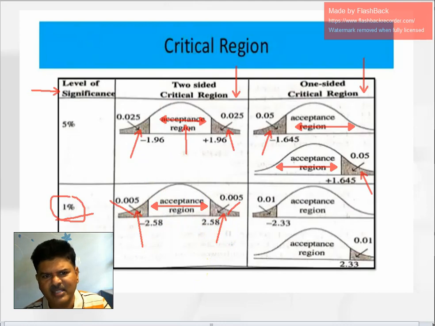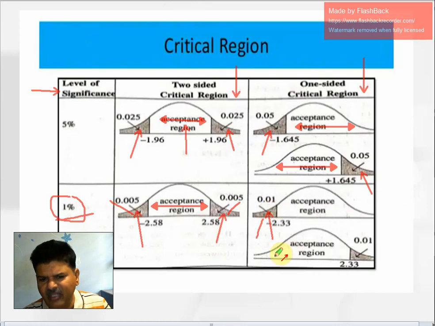What happens in the one-sided critical region? The level of significance is 1%. So take all the area on the left side. We need to focus on the left side because this is a one-sided, left-tailed test. So take the total area of 1% on the left side of the region. If any value of z falls in this area, we have to reject the null hypothesis.